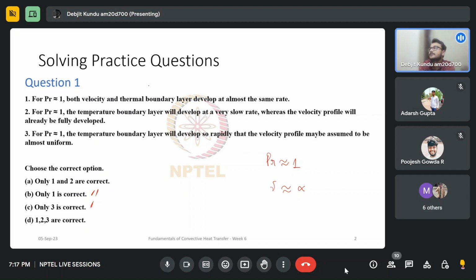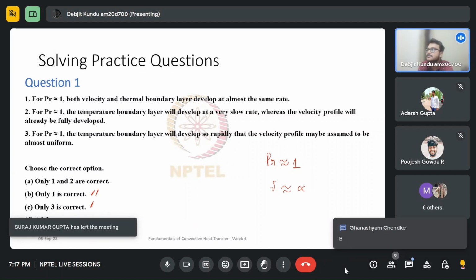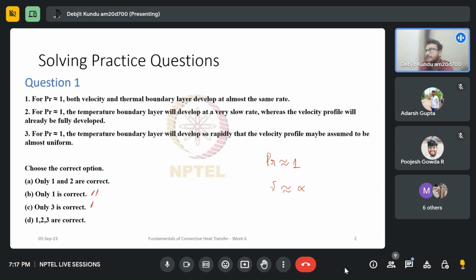So in that case, do both the hydrodynamic as well as thermal boundary layer develop almost at the same rate, or does the thermal boundary layer develop at a slow rate whereas the hydrodynamic boundary layer grows at a very high rate, or is it that the thermal boundary layer develops rapidly and the velocity boundary layer develops much slower compared to that?